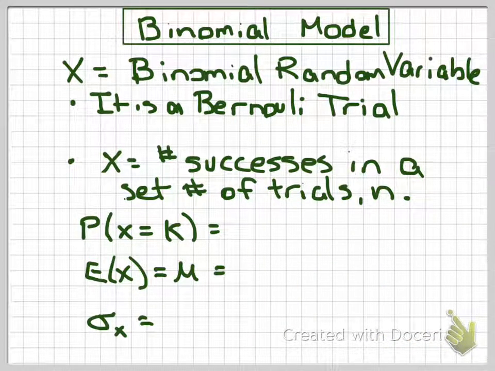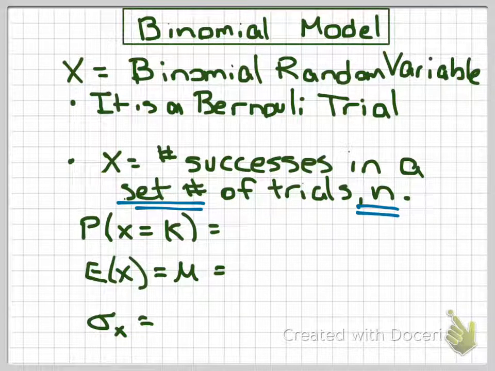We also could have a binomial random variable, and first thing we need to check is that it's a Bernoulli trial, and the second thing we need to check is that X is actually defined as the number of successes in a set number of trials N. So we're going to look for the probability that X is equal to K, where K is the number of successes out of N trials. Okay?